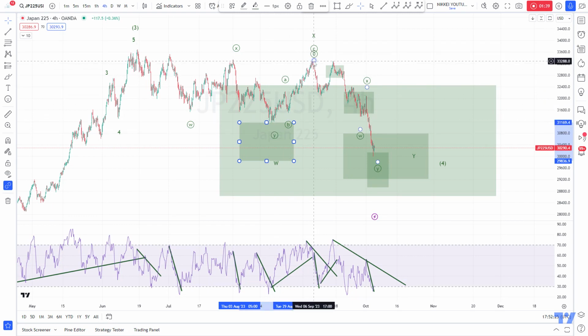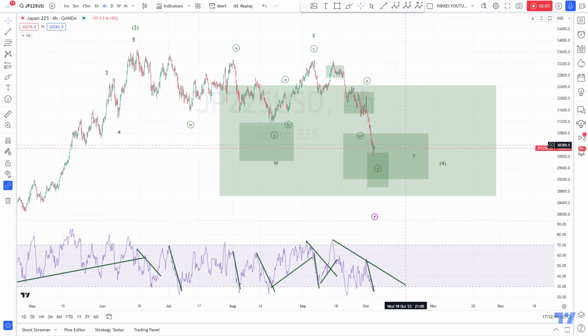And so now I believe we are coming down as another WXY. I believe this here was the wave W unfolded as an ABC structure. And so now we had a shallow wave X up and we are working on the wave Y in my opinion.